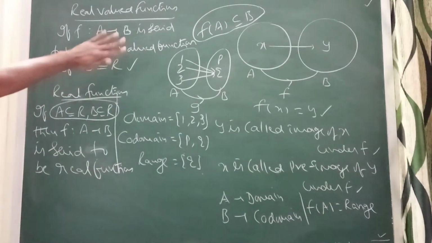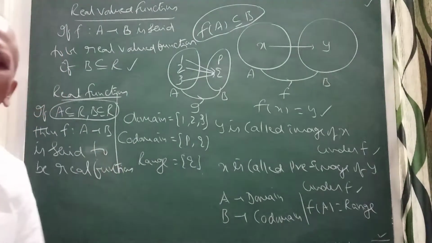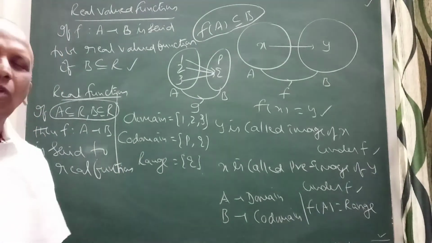If only B is a subset of R, this is called real valued function. So this is the difference between these two: real function, real valued function.